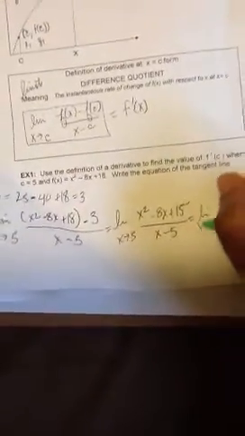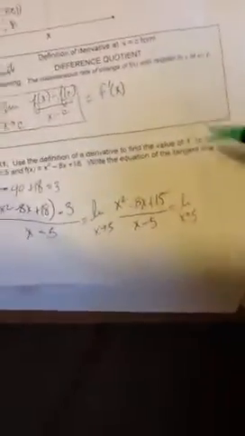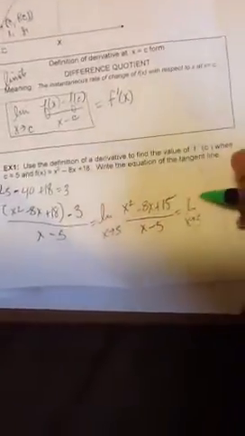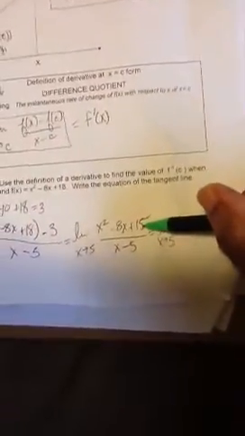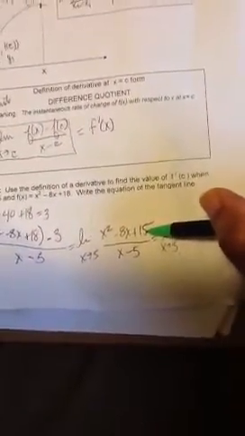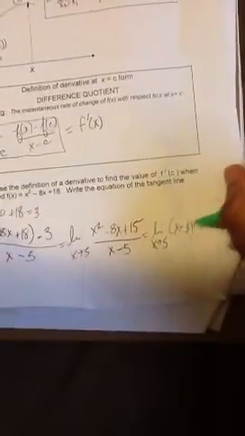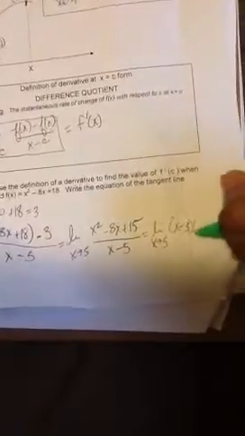Right? Limit as x approaches 5. I'm factoring that quadratic at the top, so that's 2 parentheses with x. Two numbers that multiply to give me a positive 15, but add to each other to give me a negative 8. That's negative 3 and negative 5.